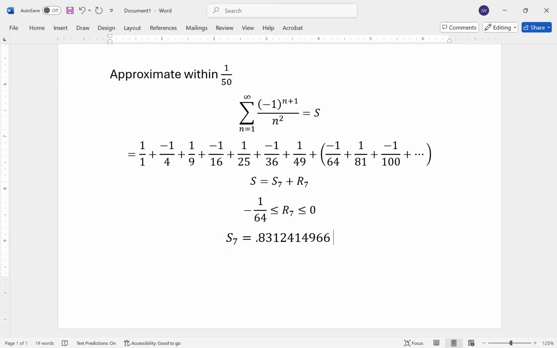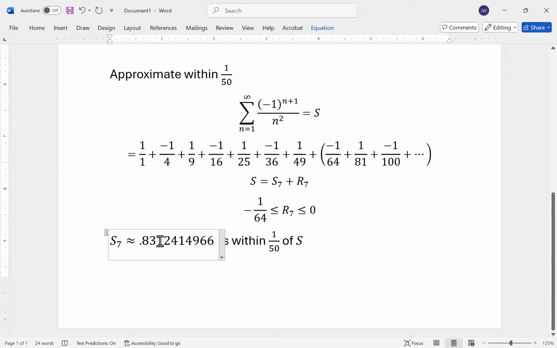That is within 1/50th of the actual sum of the series. Maybe I should write approximately. By the way, 1/50th is 0.02. So this is within essentially 0.02 of the actual sum of the series.